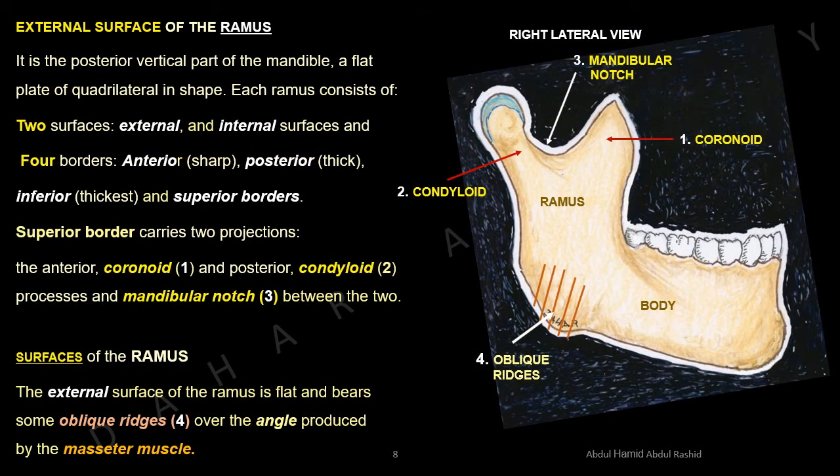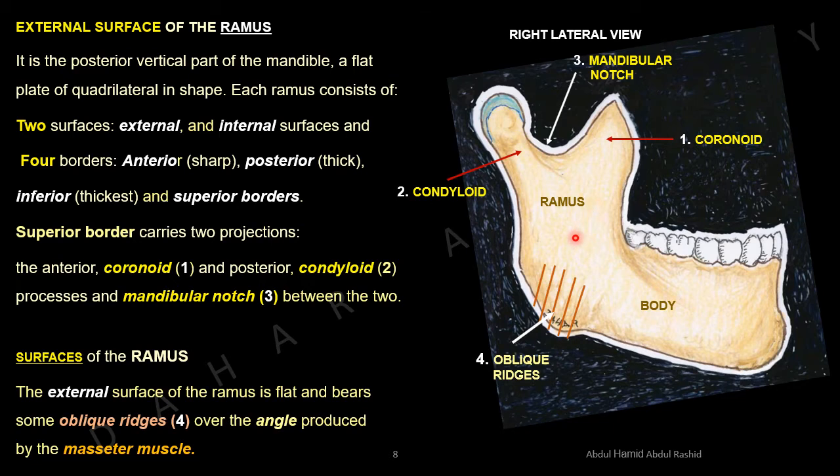External surface of the ramus. We are coming from in front, from the external surface of the body to the posterior part, which is the external surface of the ramus. It is the posterior vertical part of the mandible, a flat plate, quadrilateral in shape.